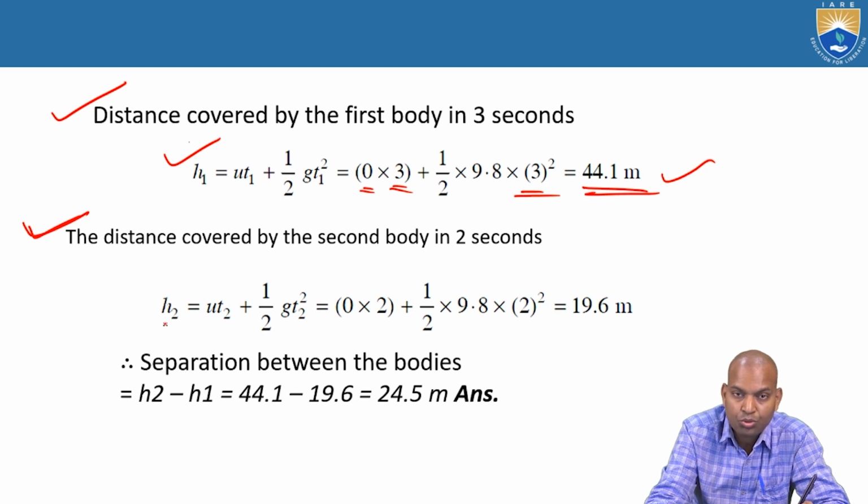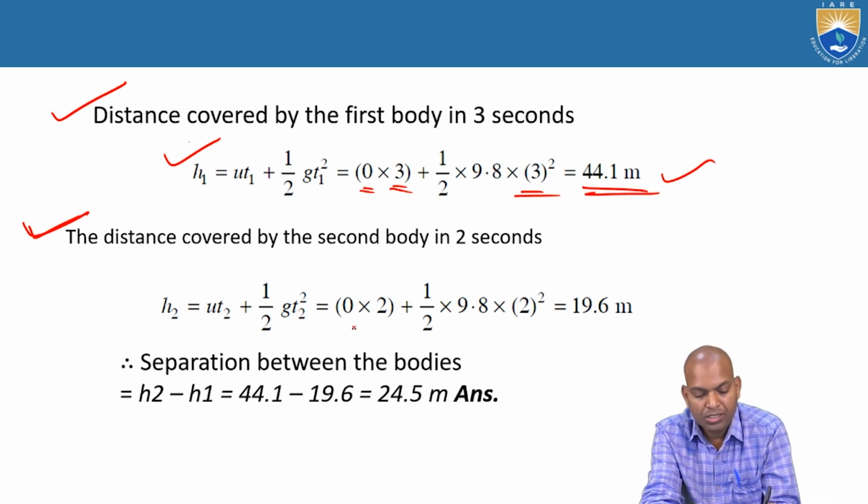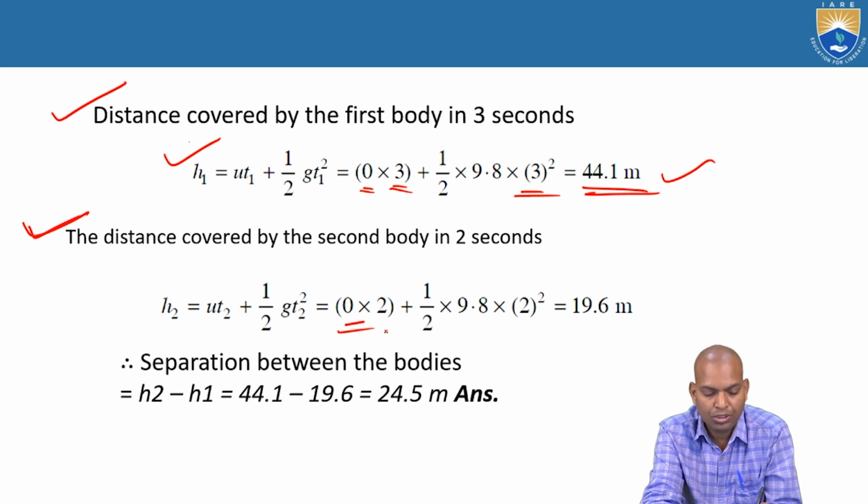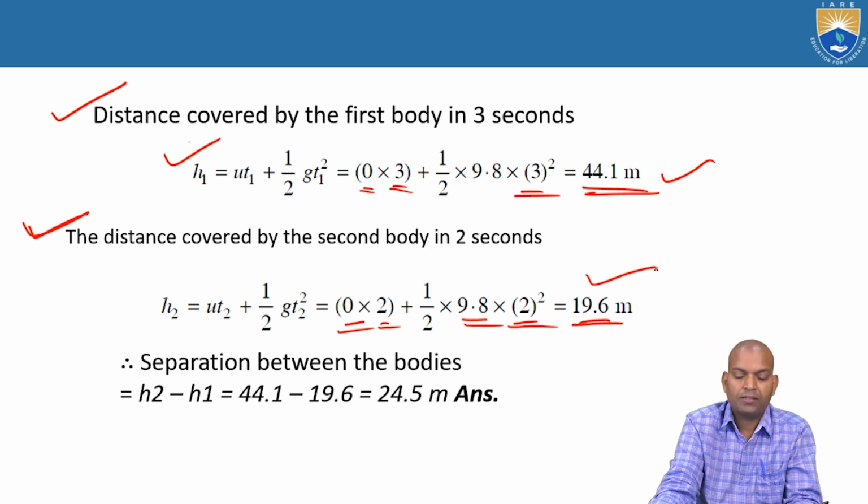Here the time t2 = 2 seconds. Then h2 = ut2 + ½gt2², where u = 0 and t2 = 2, so ½ times g, 9.8, times t2 squared, which is 19.6 meters.